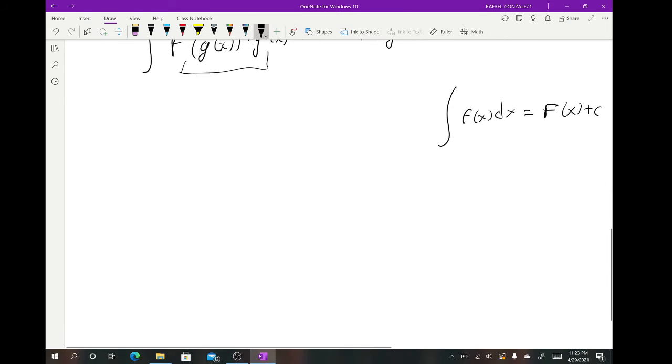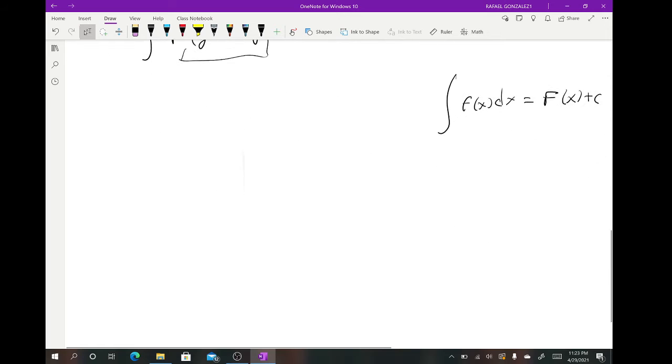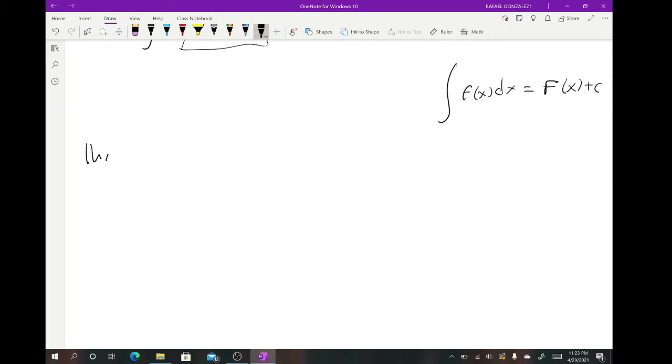Okay, so these results are summarized by the following theorem, called the anti-differentiation of composite functions. It states the following.